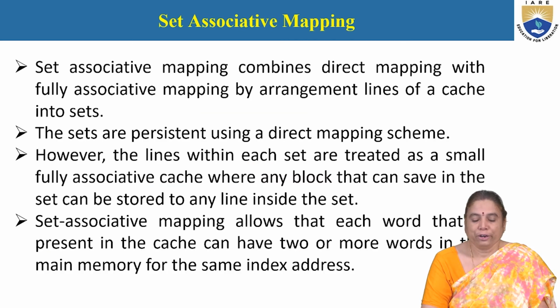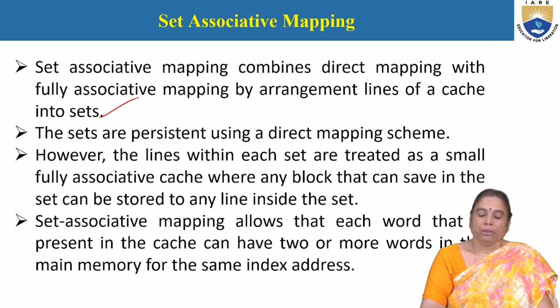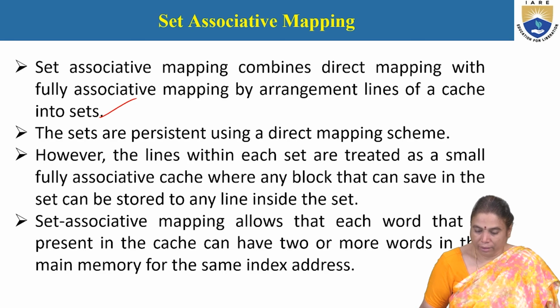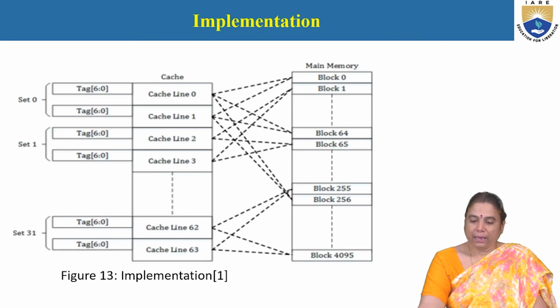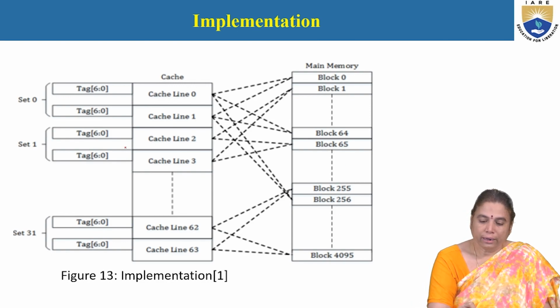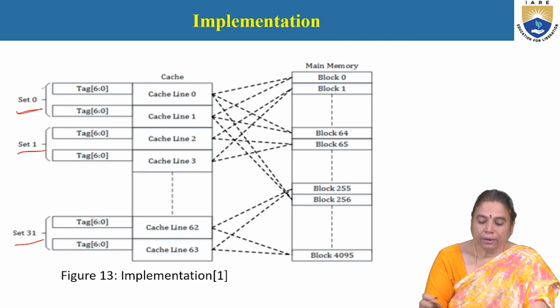Next is set associative mapping. Set associative mapping combines direct mapping with fully associative mapping by arranging lines of a cache into sets. So here the tags are collected together as a set. How can set associative mapping be implemented? Here is the main memory with its blocks, and the cache tags can be collected as set 0, set 1 and so on, and these tags can have the cache line numbers.